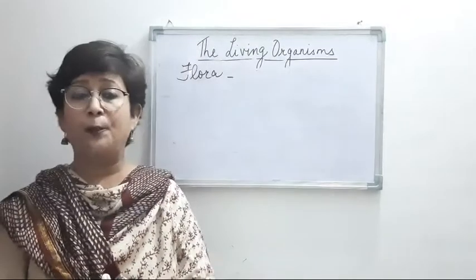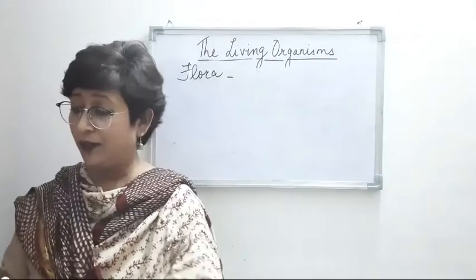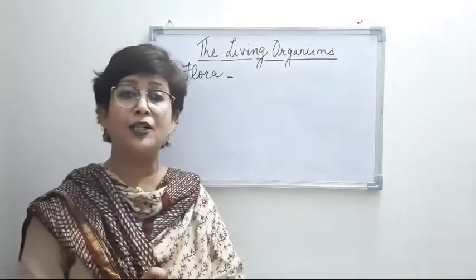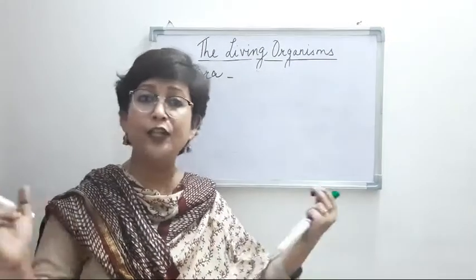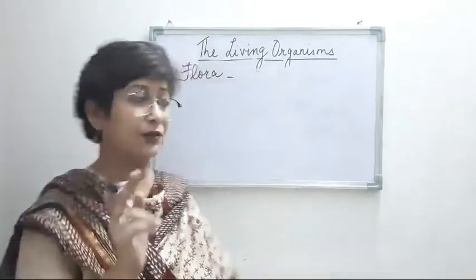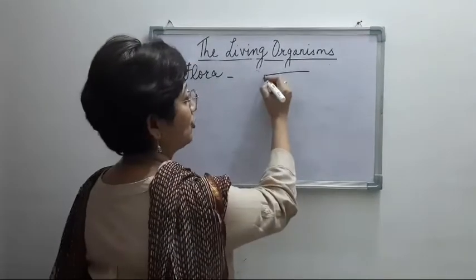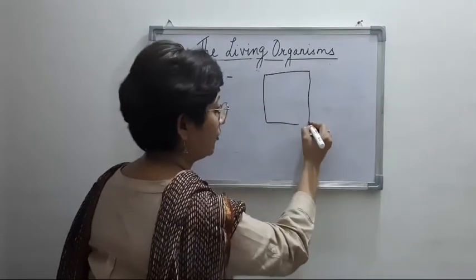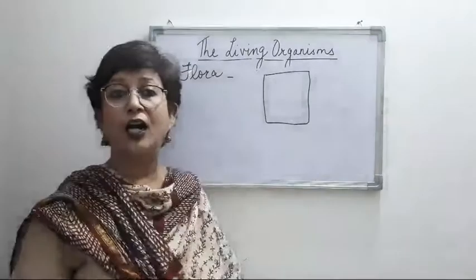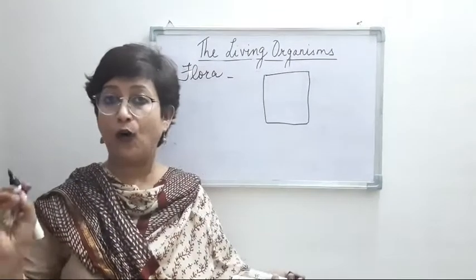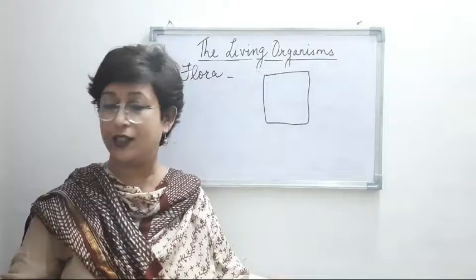Flora is a particular document, right, of all the plant species in a given geographical area. See, I'm showing this to be a given geographical area, right? A document of all the plant species, right?